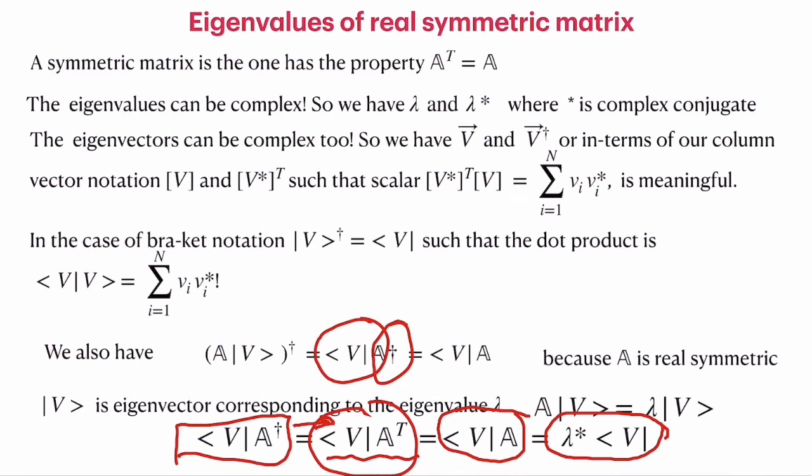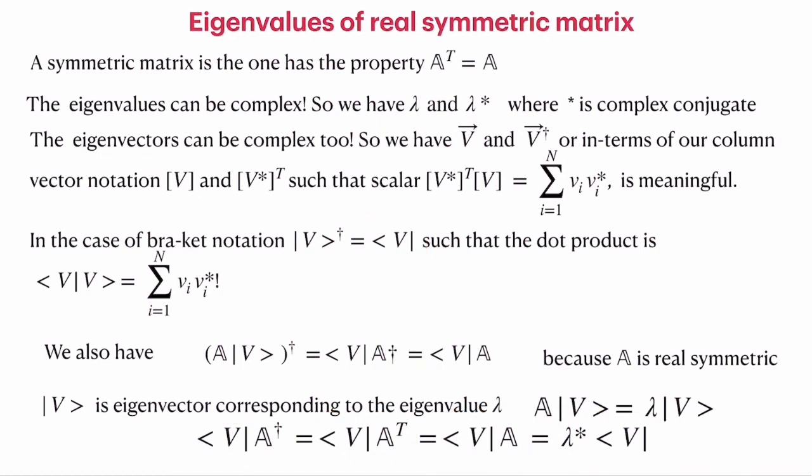If the eigenvector is complex, then the complex conjugate would be taken, because from our definition A dagger becomes a ket, and lambda becomes lambda star. So this is a simple identity which we are going to use.